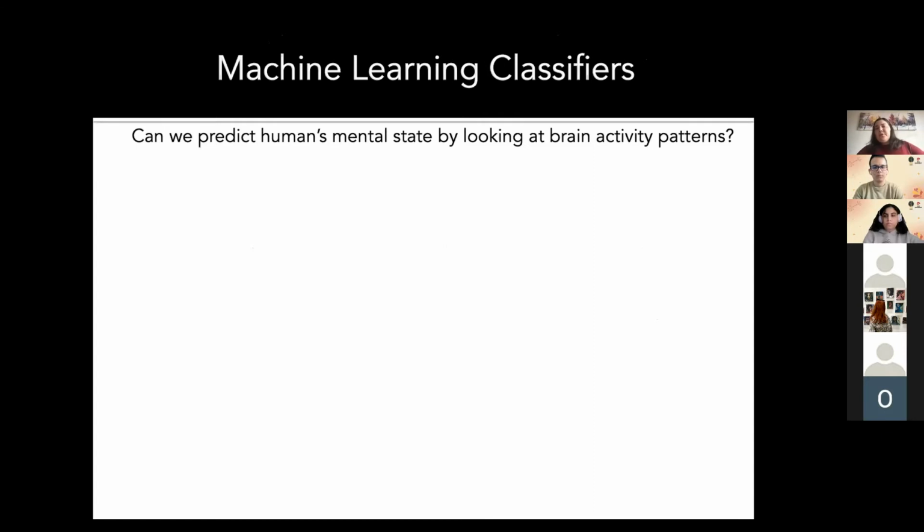In machine learning classifiers, the basic question you can ask is, can we predict a human's mental state by looking at their brain activity patterns? You look at the brain activity pattern and try to understand what the person is seeing or thinking. So it's basically a decoding approach.